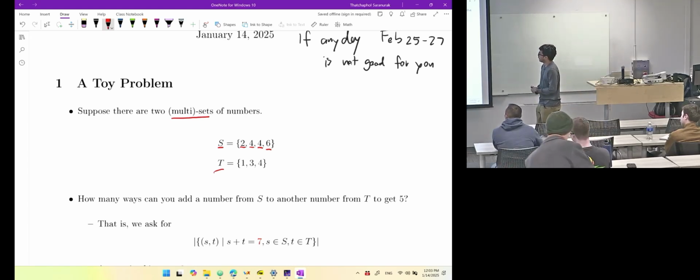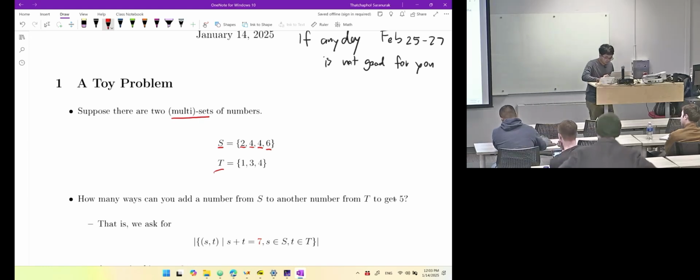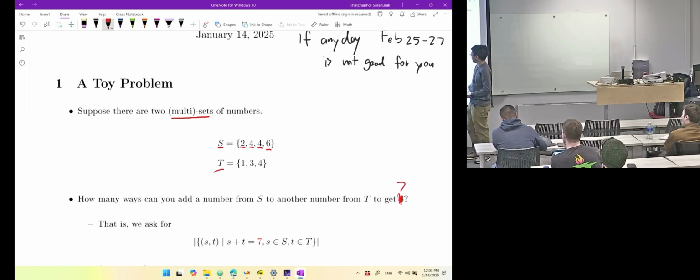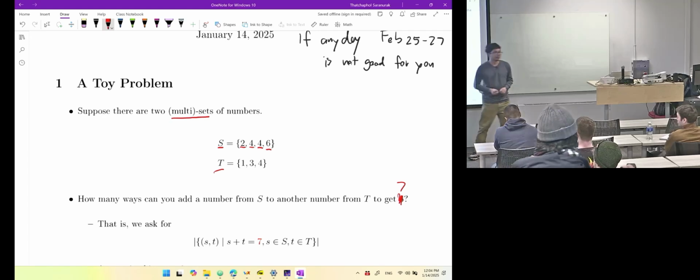Now suppose I ask you, how many ways can you pick one number from S and pick another number from T and add them to get 7? Can you tell me how many ways?